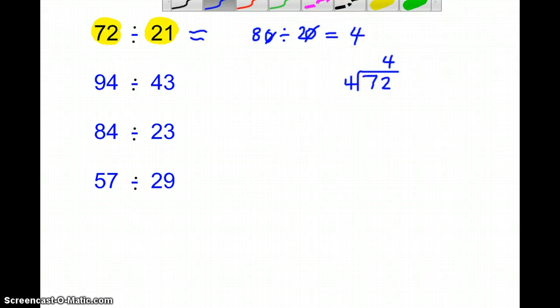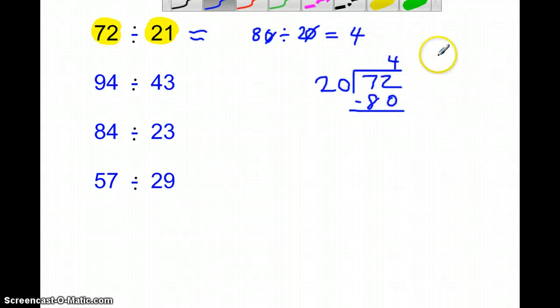So I have 72 divided by 20. Okay, so I'm going to put my 4 up here. So 4 times 20 is 80. Is that going to work? Well, no, it's not going to work at all because I can't have a larger number here than here because I can't subtract it.